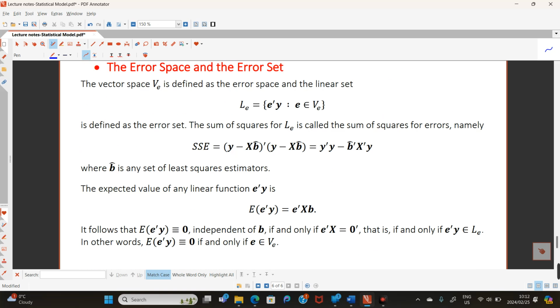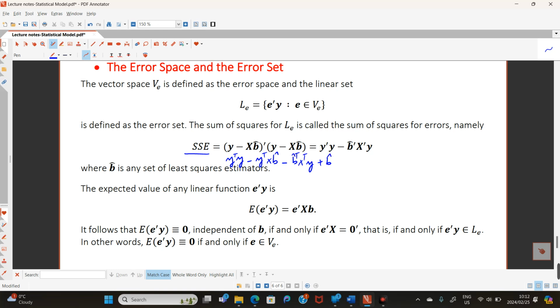Okay, so coming back, there's the sum of the squares of errors, which we denoted by this abbreviation here. It is given by this formula, and if you do simple multiplication, you get to this expression. So we have y prime y, and then minus y prime x b hat, minus b prime x prime y, plus b hat.